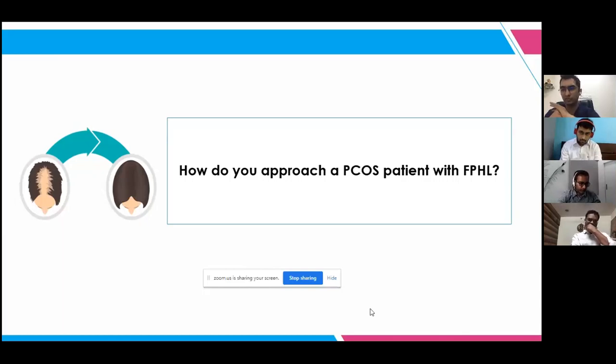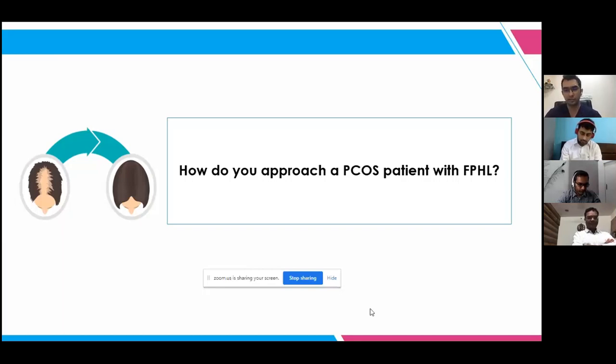Definitely, as first line of treatment, I would try to encourage them to have less carbohydrate and less sugary food, and to indulge in activity, which also helps in sensitizing the insulin. And at the same time, the treatment can be much better. How would we approach them?